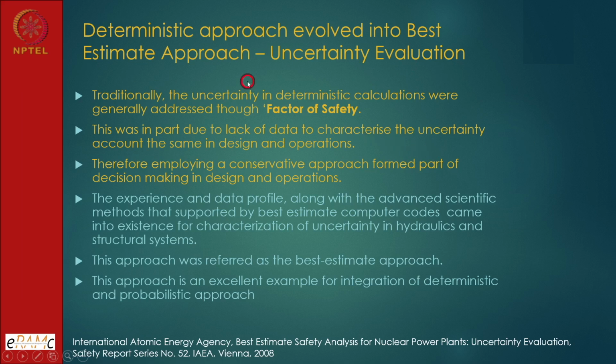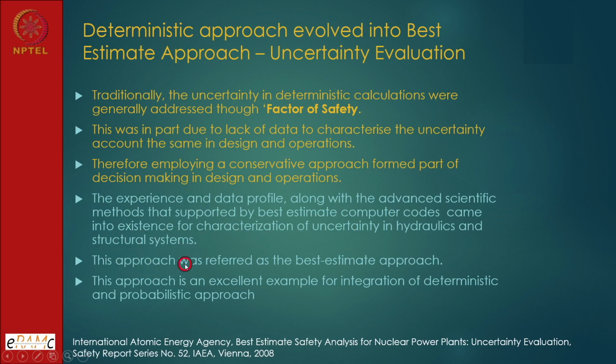So first is the traditional scenario. We used to have a factor of safety, because data and models were not available in those days, and that's why a conservative approach was used. But now data is available, computer codes are available, and a lot of experimental facilities are available, especially for thermal hydraulics.